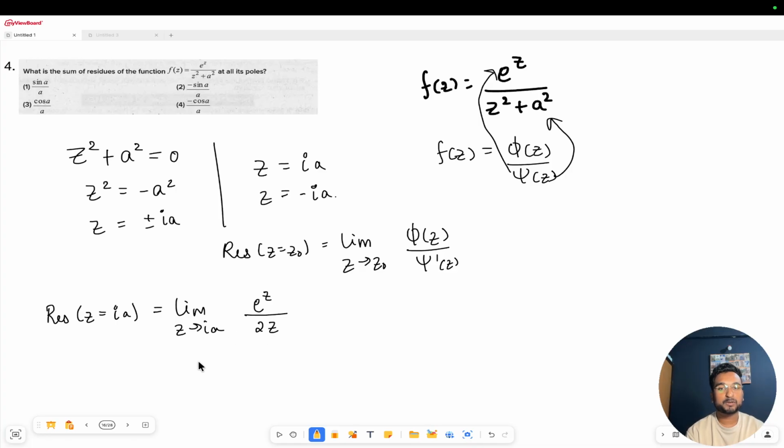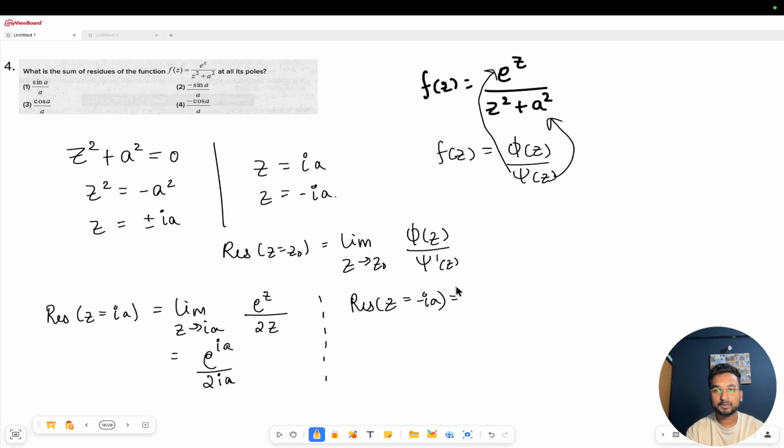Now if you put iota a here, what will we get? E to the power iota a upon 2 iota a. Next, let us find the residue at z equals minus iota a.